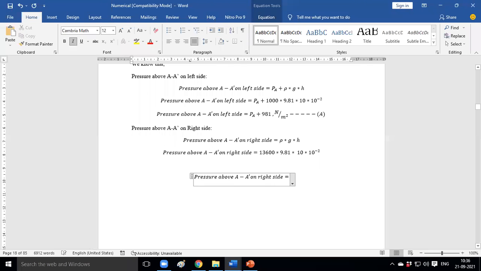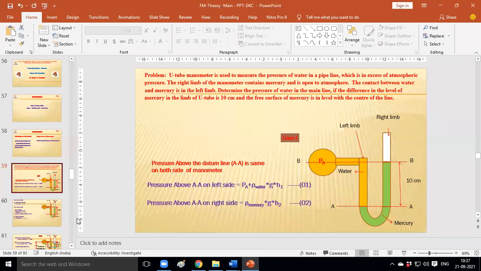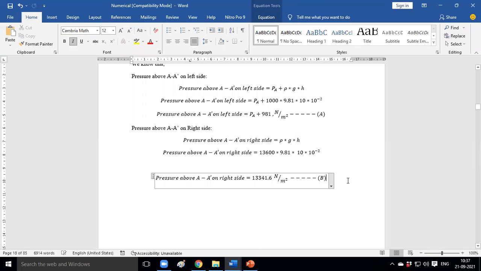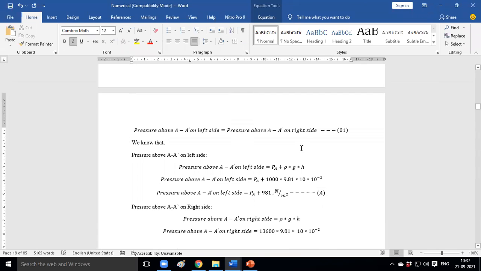13,341.6. Okay, and the unit? Newton per meter square. So we get equation A, equation B, and we have equation number 1. Equation number 1 represents pressure above AA on the left side equal to pressure above AA on the right side.